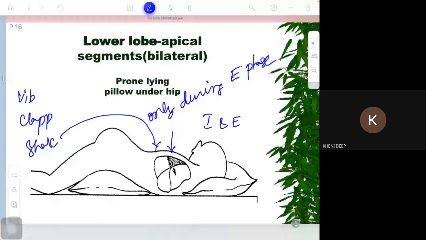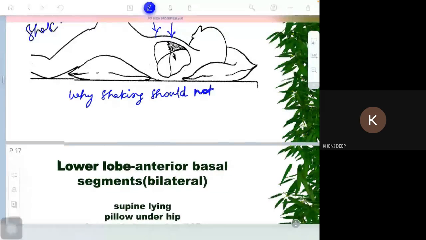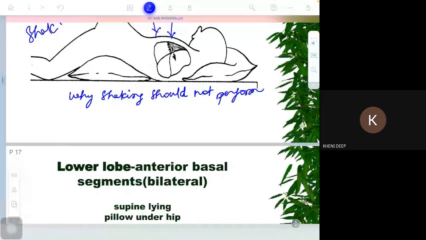Who can tell? Yes? Anyone? So I am asking now two questions. Why shaking should not be performed during the inspiratory phase? This is the first question.